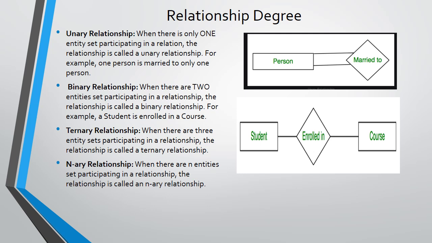For example, consultant, client, and contract: the three different entities have different attributes.